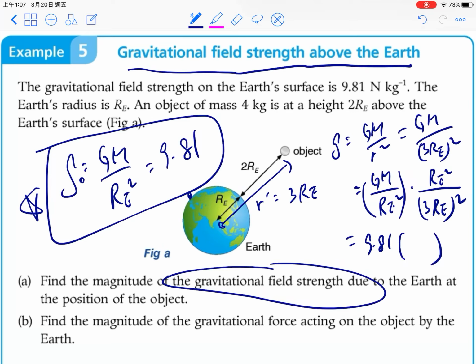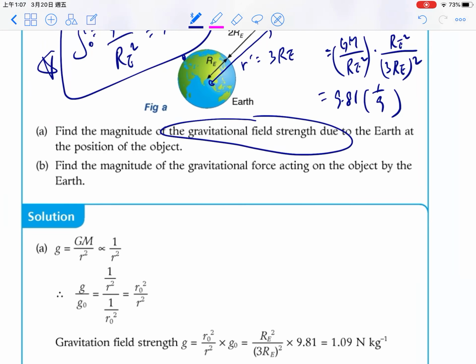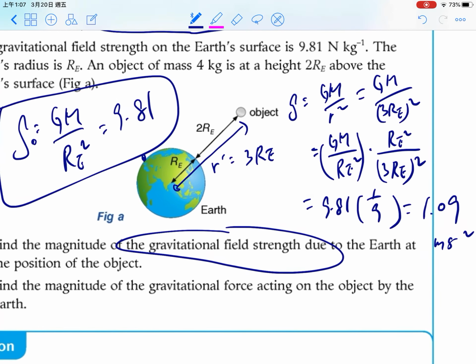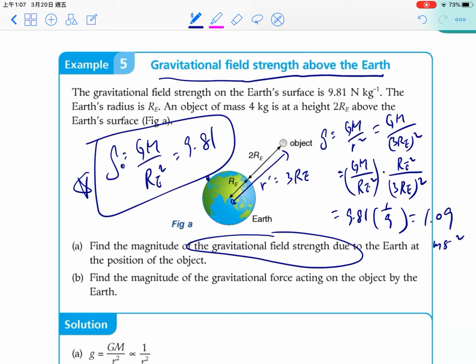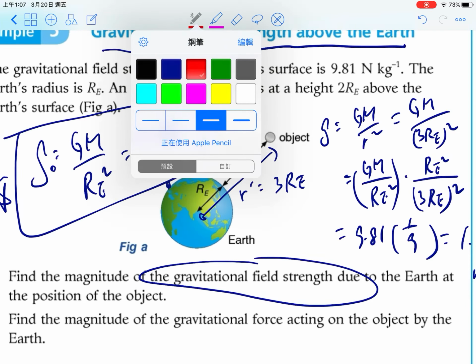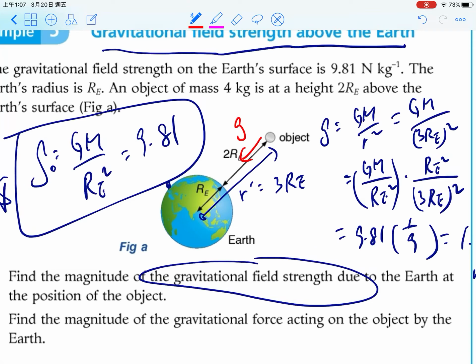So we get 9.81 times 1 over 9. The value of g would be 1.09 m s^-2, or you can use N kg^-1. So this is the value of the gravitational field strength, and the direction will point towards the center of the Earth. If the question asks you the direction, you should say it points to the center of the Earth.